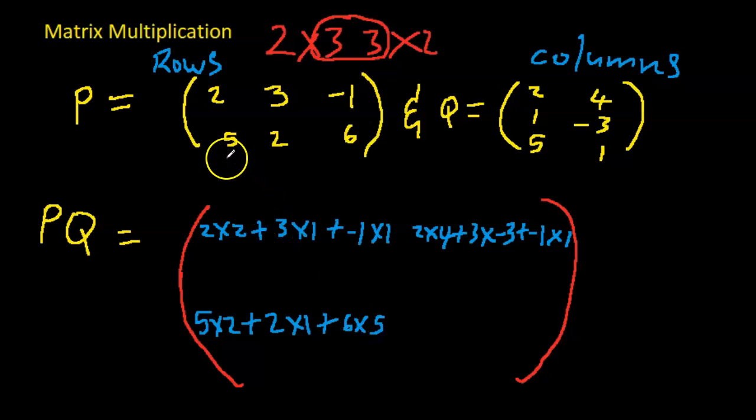And then now we apply the 5, 2, 6 to the other column. Alright, so 5, 2, 6 apply to 4, minus 3, 1. So 5 times 4. And then plus 2 times minus 3, right?